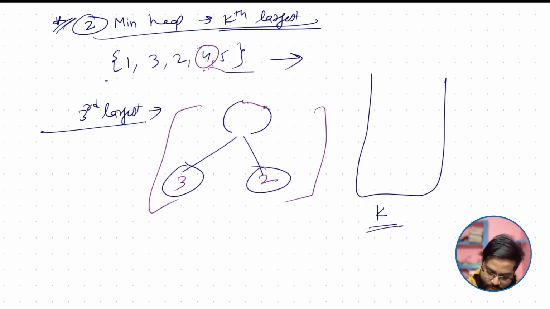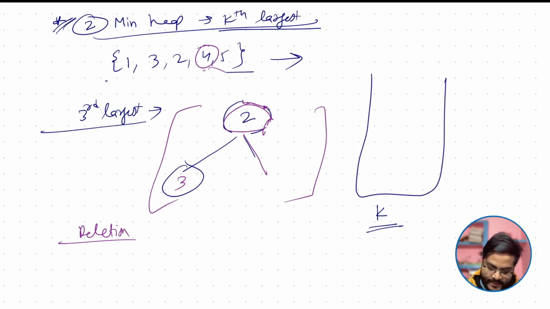If you pop this out, I will swap this, right? You know how to perform deletion, right? We will just push the last element to the root. So 2 will be here, and there will be no child. Now push 4. As this is following the property of min heap, no rebalancing is required.